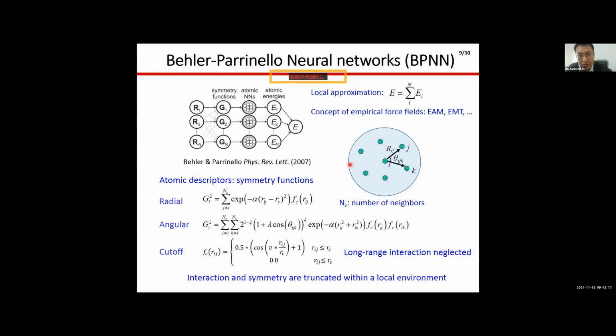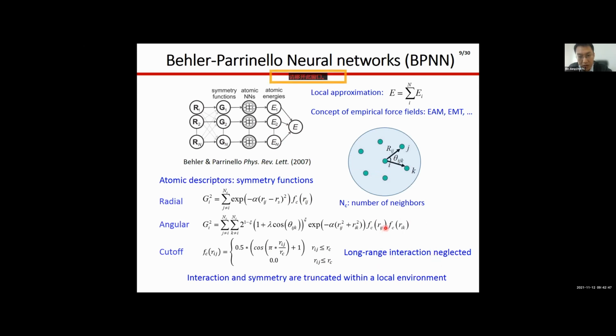That's a local approximation, which has actually been used in many empirical force fields like EAM and EMT and so on. But the difference is that you now use a neural network to represent the atomic energy and use the symmetry functions to describe the environment around this center. And of course, you have to use a cutoff function to truncate the long-range interaction.